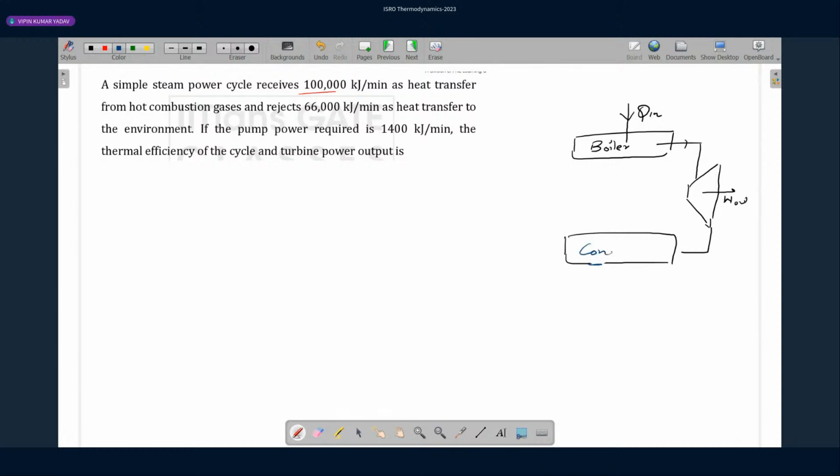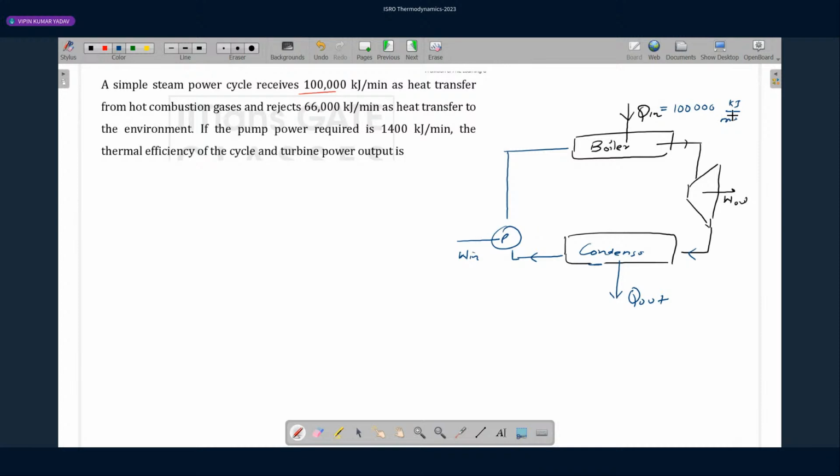So, condenser. And then you pump this water back to the boiler. So this is your pump. In the pump, you give work input. This is Q out. Now read the question. In a simple steam power plant, it receives heat how much? Q in is 100,000 kilojoule per minute.